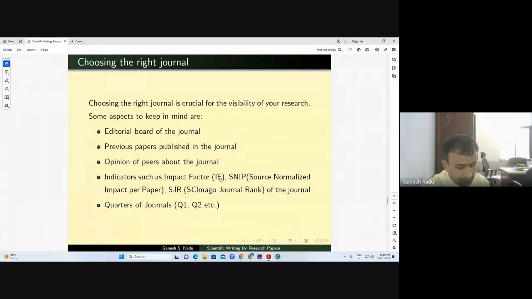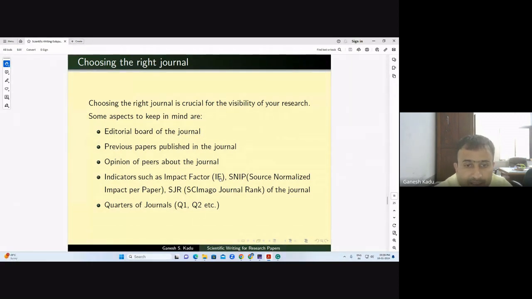Typically they look at papers published in the last 2 years, and how many citations they have received in this year, and divide that by the number of papers published. If the papers in that particular journal have received a high number of citations, then the impact factor will obviously be high. And if it doesn't have that many citations, then the impact factor will be low.